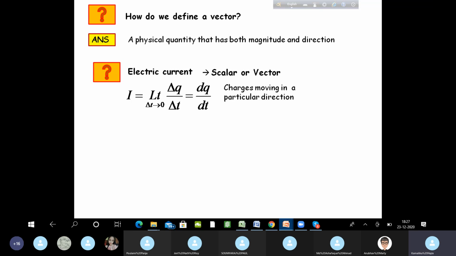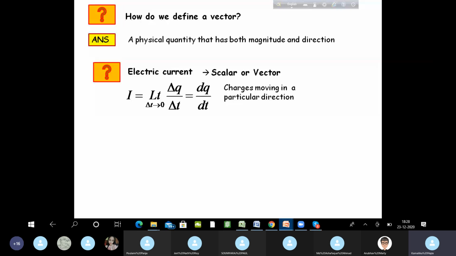So what constitutes an electric current? When a current flows from one point to another, there is an excess of electrons at one point, which we call the negative potential, and there is a dearth of electrons at the other point, which we call the positive potential. More electrons, negative; fewer electrons, positive.